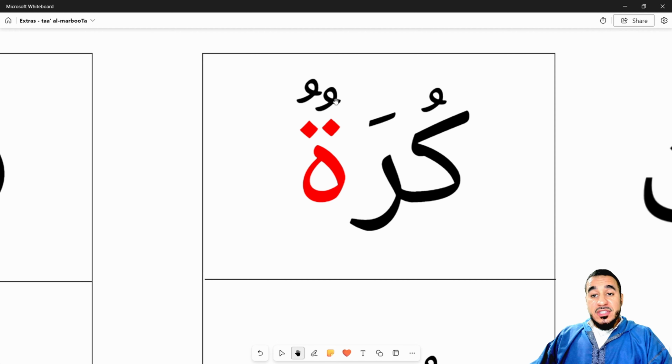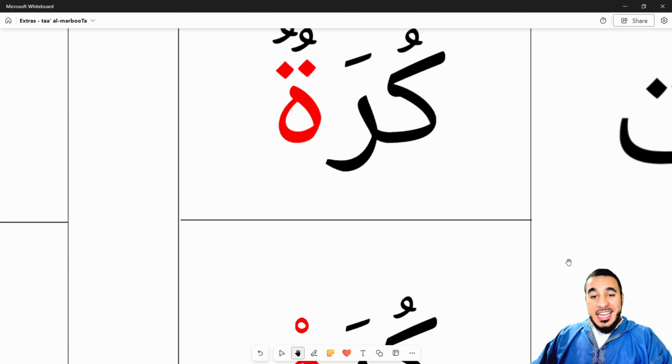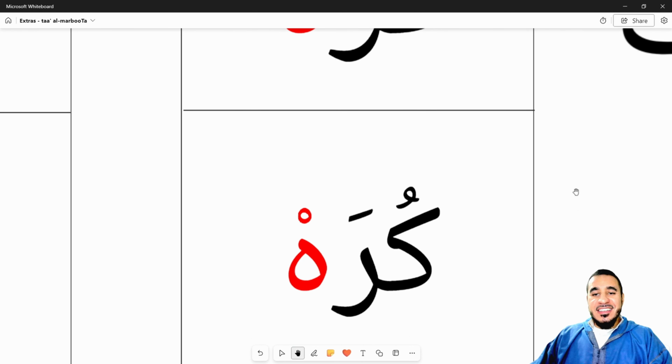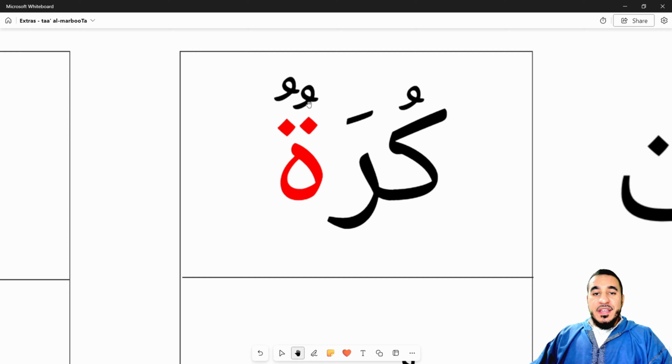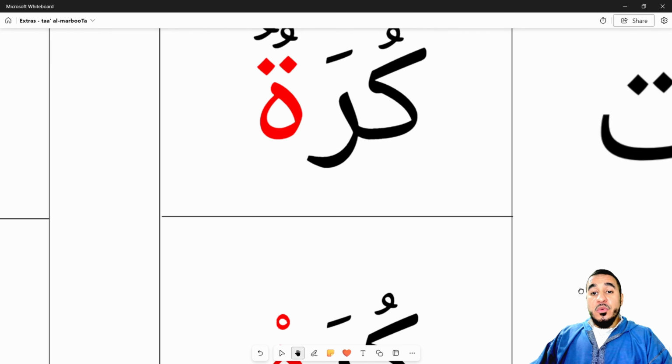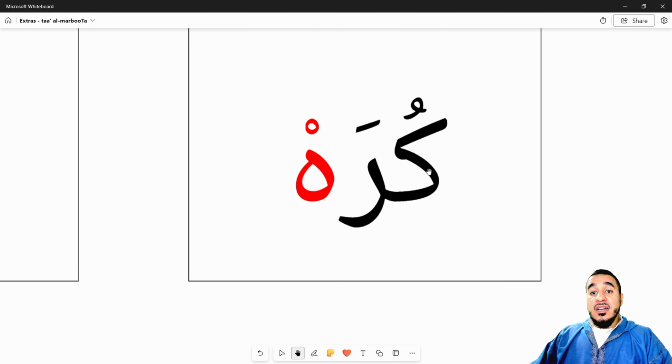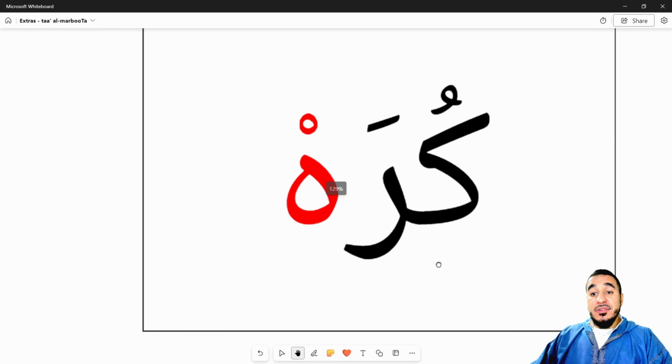We wouldn't pronounce the haraka on that ta al-marbuta, but instead we would pronounce it as the ha. So if we said a whole sentence and then ended with this word kuratun, we would pronounce it as kurah, okay?